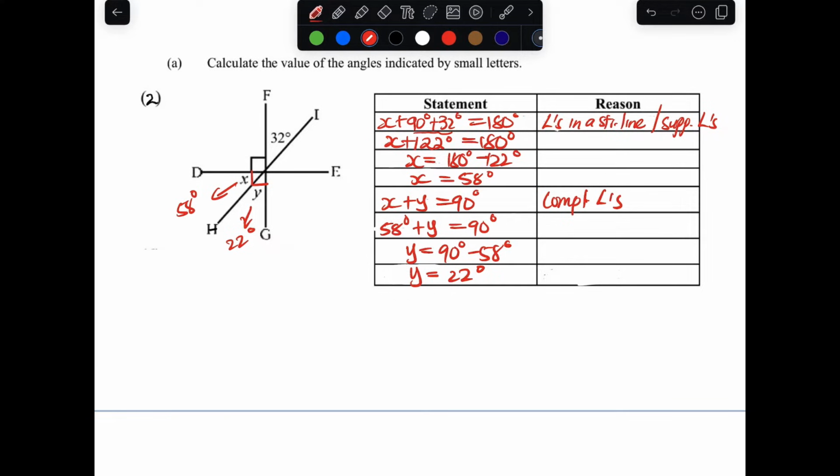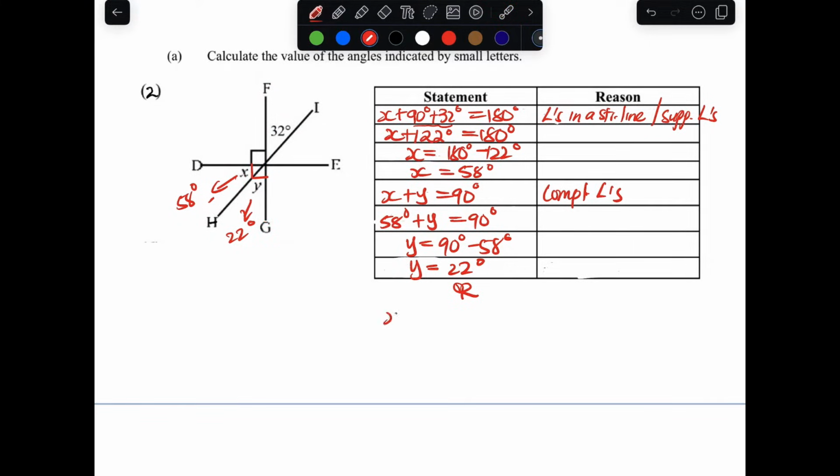Or since we have x there and we are looking for y, we can use this straight line FG, and we're going to say x plus y plus 90 degrees equal to 180. We say that's angles in a straight line, or supplementary angles.